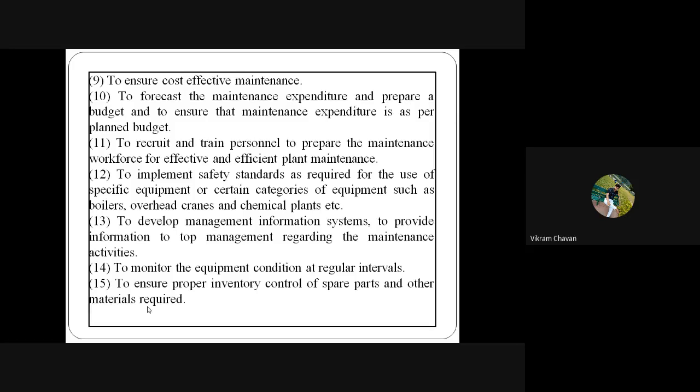So these are the functions that come under the maintenance department or maintenance management.